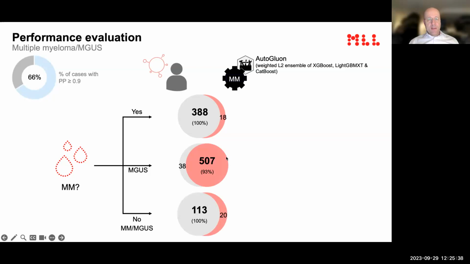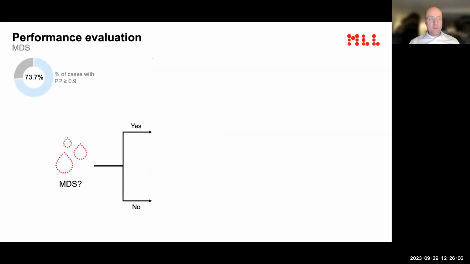You can see that these 38 cases, which were classified conventionally as MGUS, were in part classified by the algorithm as myeloma or as no respective disease. But I think the majority of cases were still predicted correctly. So this approach is overall applicable here as well.